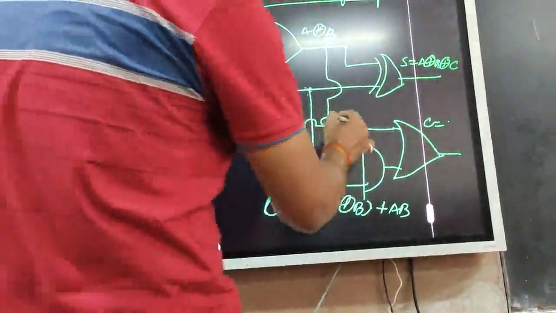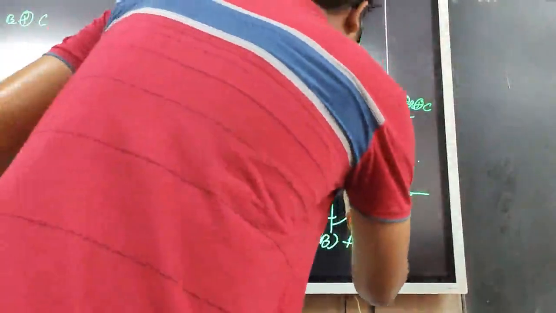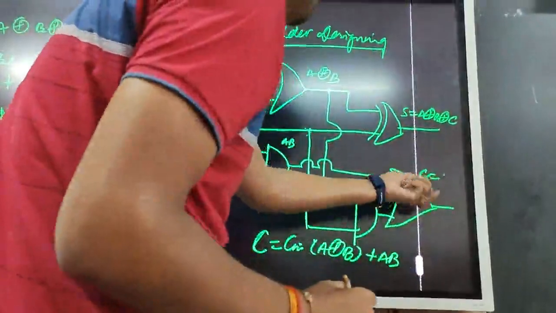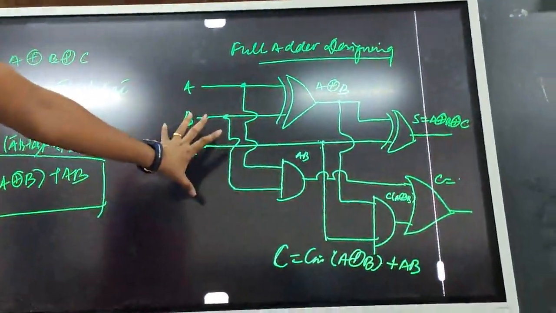You can see here, then this will be the AB, this will be the C cross B. So this will be the OR-ing of this. So the final structure of this will be like this.